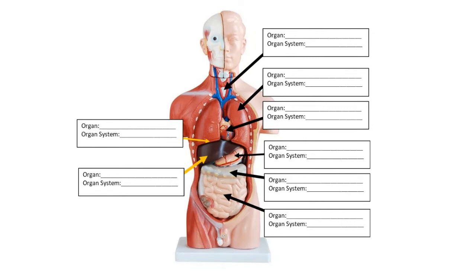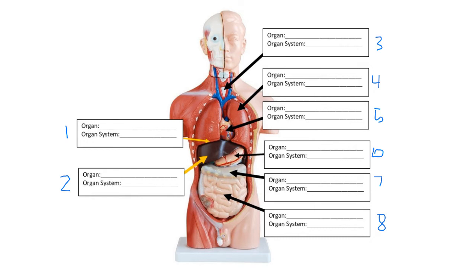All right, so when I'm looking at my model here, we have labeled some organs with arrows, and these are the organs that you'll need to be able to identify and also to place in an organ system. I am going to assign some numbers to these organs, and then we're going to work together in the chat to figure out what some of these organs are.